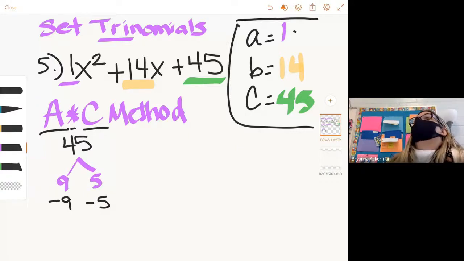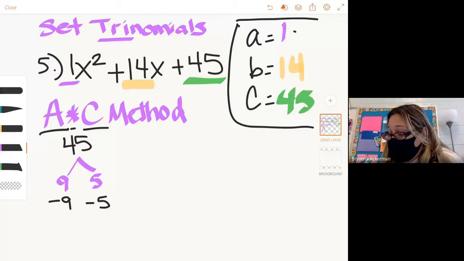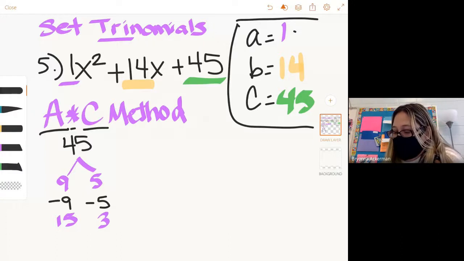Which one? I thought I heard 3 times. No, I need 45. So what times 3 gives me 45 though? 15, good. So I can have 15 times 3. Or don't forget the negative, I can have -15 times -3.